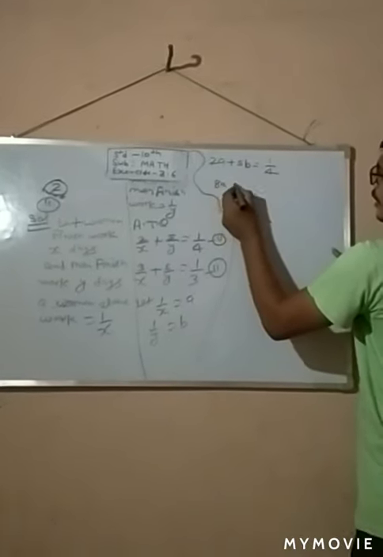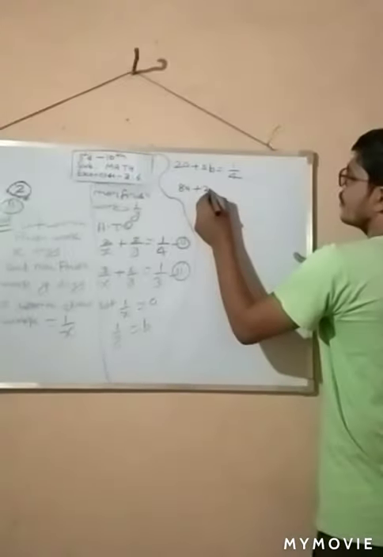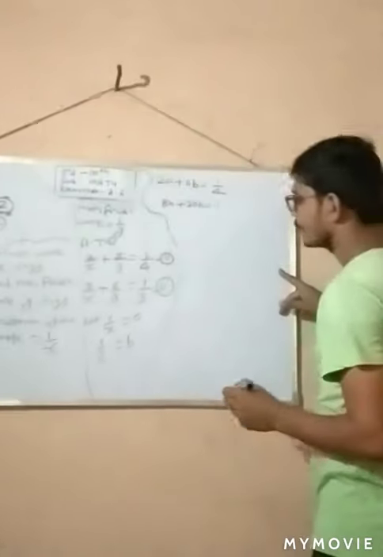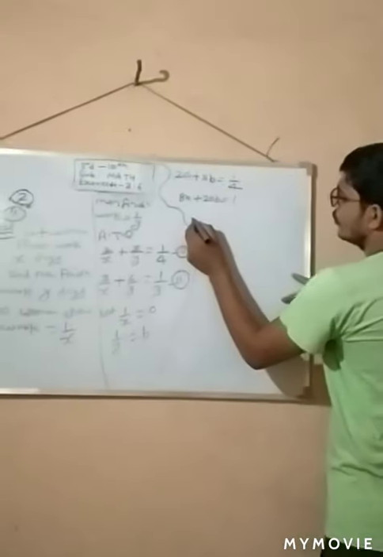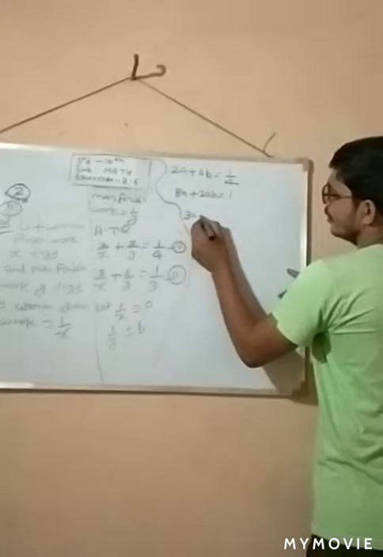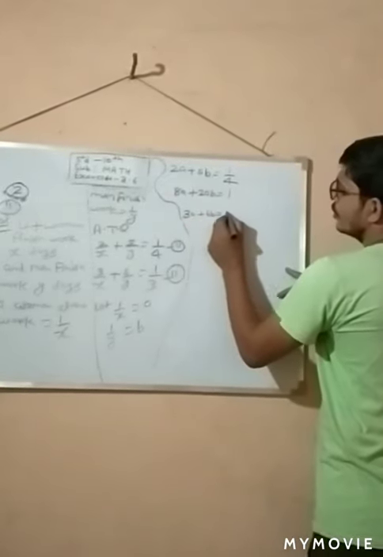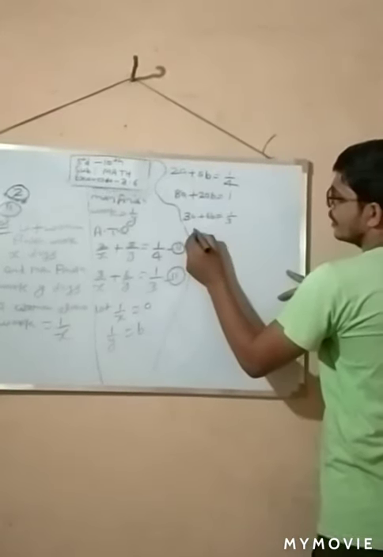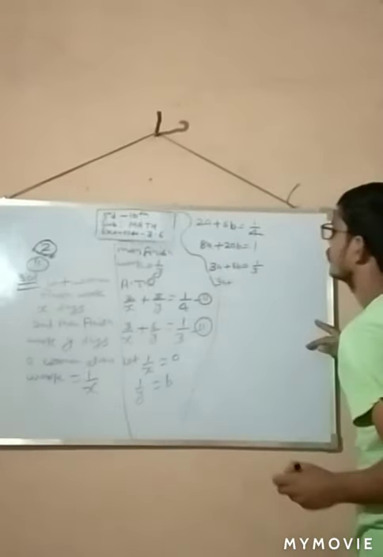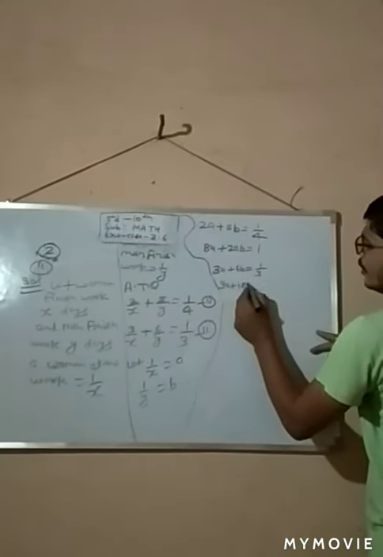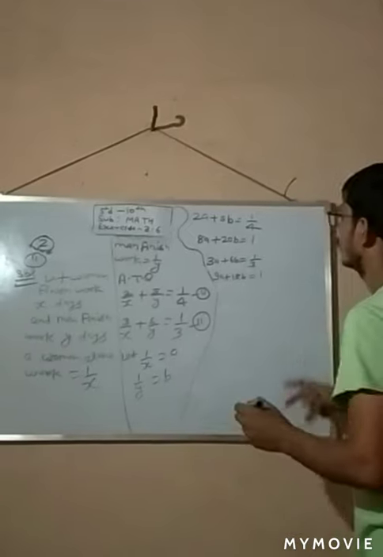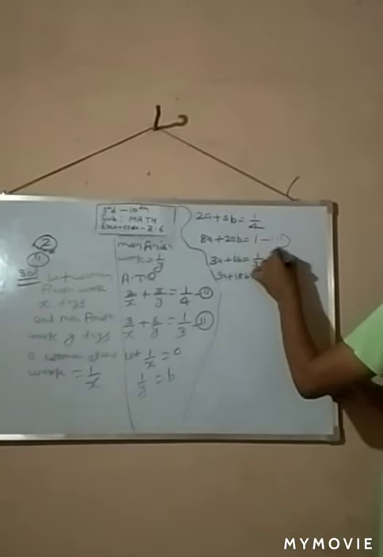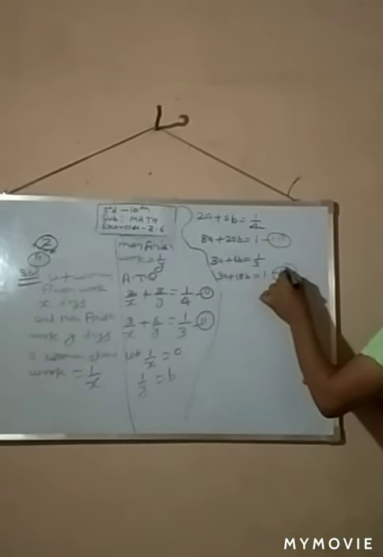Cross multiplying, 4 2s are 8A plus 4 5s are 20B is equal to 1. Now 3A plus 6B is equal to 1 by 3. Cross multiplying, 9A plus 3 6s are 18B is equal to 1. This is equation number 3 and this is equation number 4.